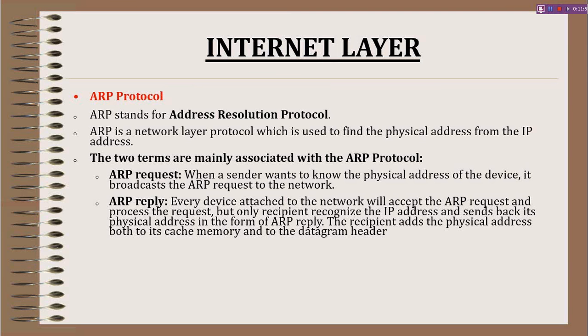Okay, means first of all it sends the request to all of the devices attached to the network, and then the particular recipient recognizes it and sends its address as the ARP reply.